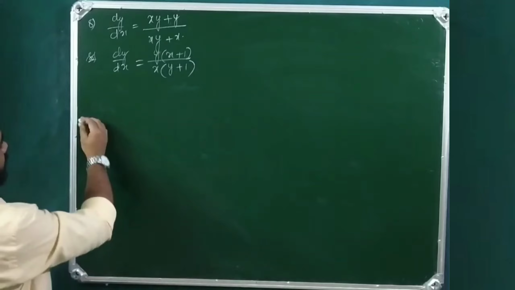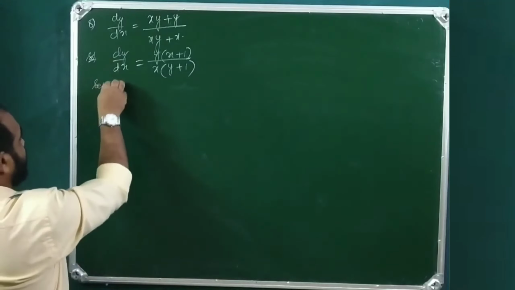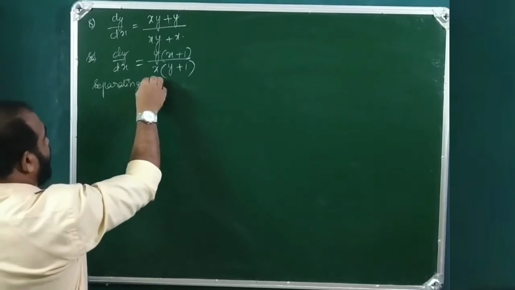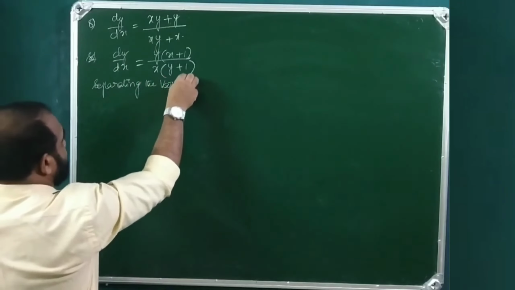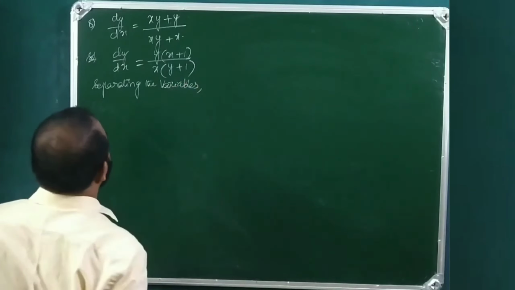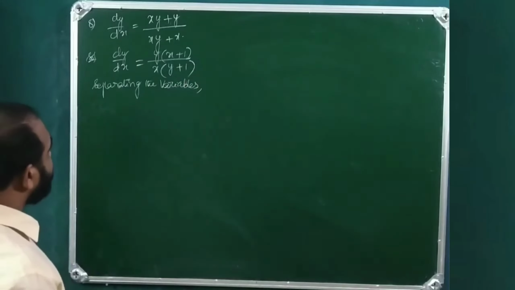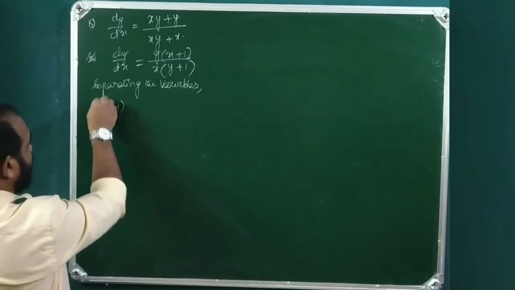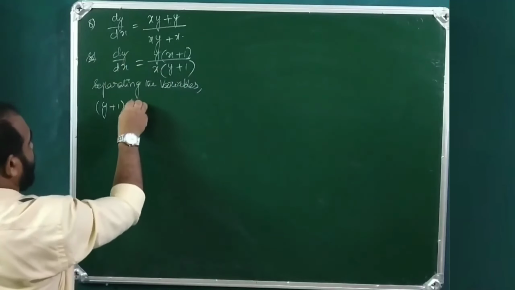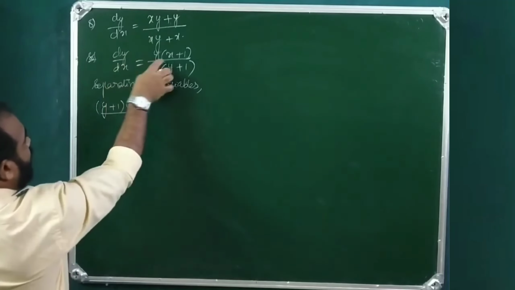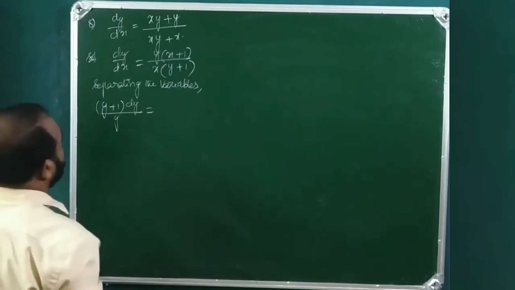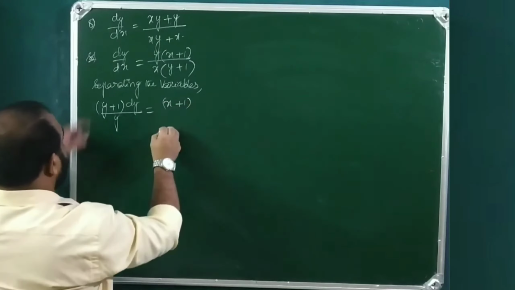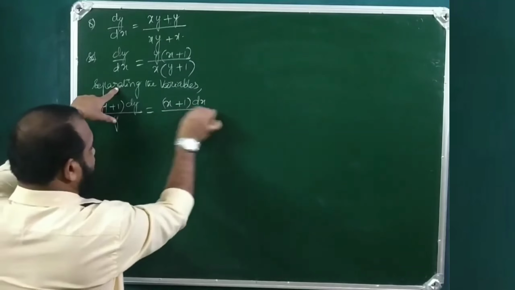So here, separating the variables, we get (y plus 1) dy by y is equal to (x plus 1) dx by x.